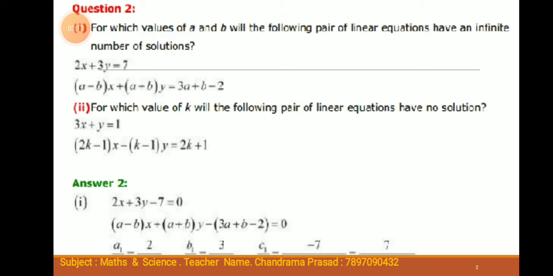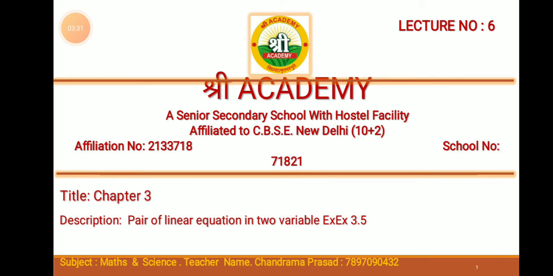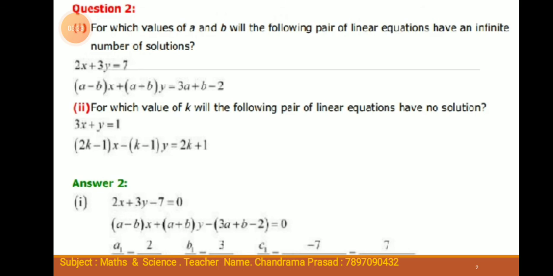Solution. The given pair of linear equations in two variables are 2x plus 3y minus 7 equals 0 and (a minus b) x plus (a plus b) y minus (3a plus b minus 2) equals 0.